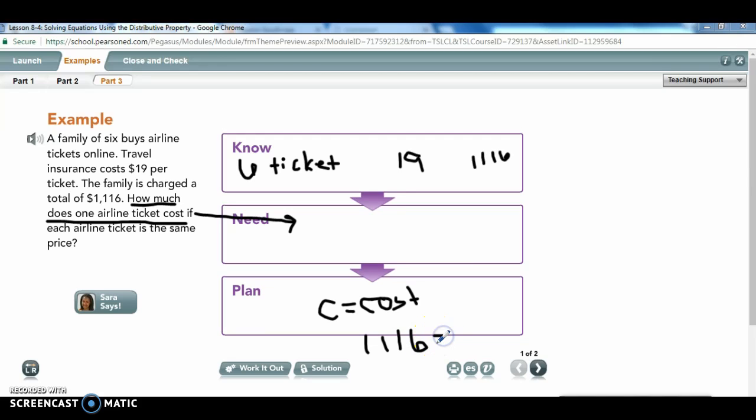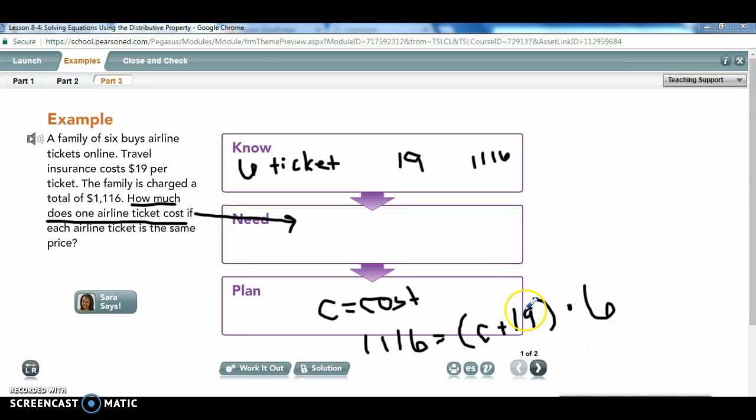So 1,116 equals, I'm going to say that my price is going to be C, so that cost per ticket, plus that $19, that's insurance, and they paid insurance for every ticket that they bought. My last step is I'm going to multiply it by 6 because there's 6 people in the family. So they bought 6 tickets.